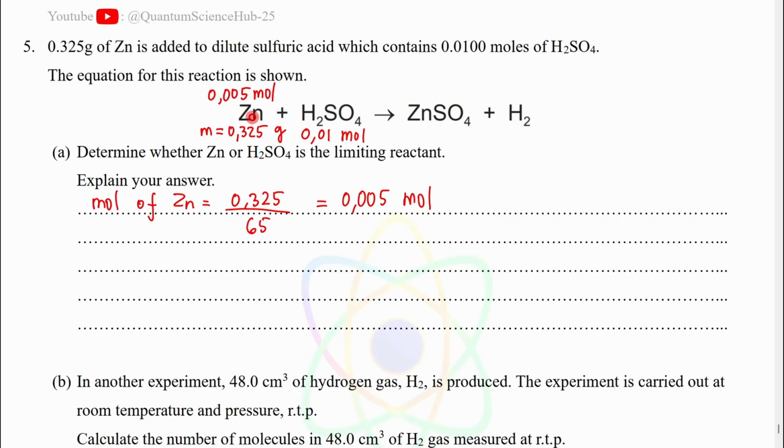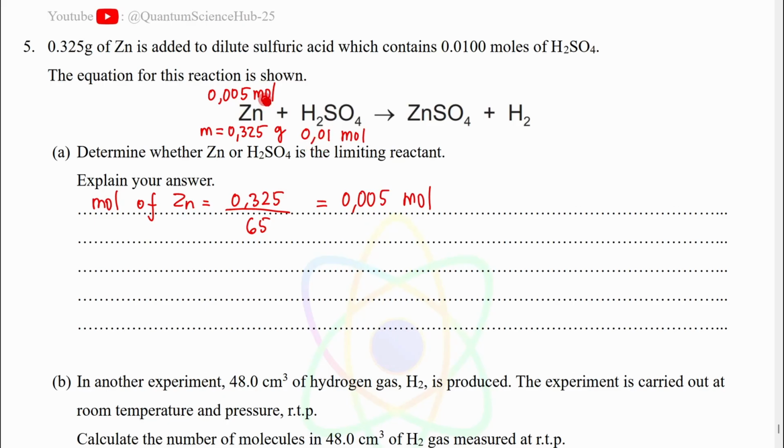Now, please take a look. So the ratio between Zn and H2SO4 is the same, which is 1:1. So that means if I have 0.005 mole of Zn, then I should have 0.005 mole for H2SO4. But I have 0.01 mole. So it is more than enough.